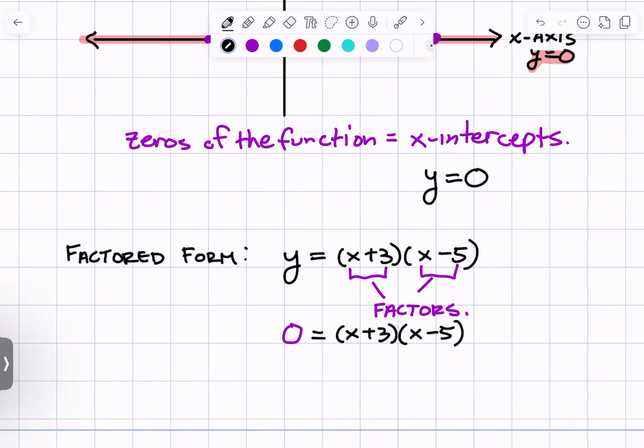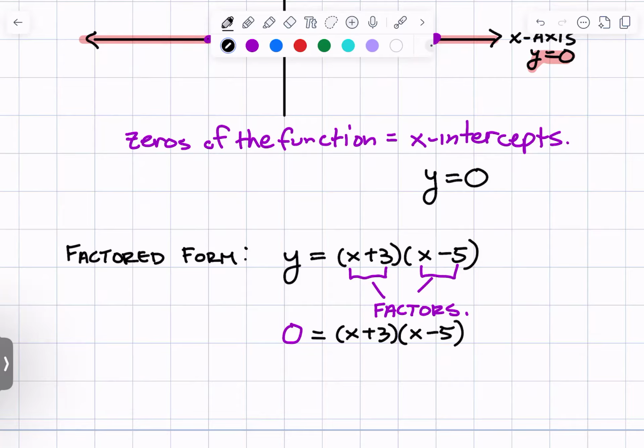Okay? So my question to you is, if I have two numbers that are being multiplied together and they equal 0, the product equals 0, what do I know about the numbers? Let me rephrase. How do I get the product of two numbers to be 0?